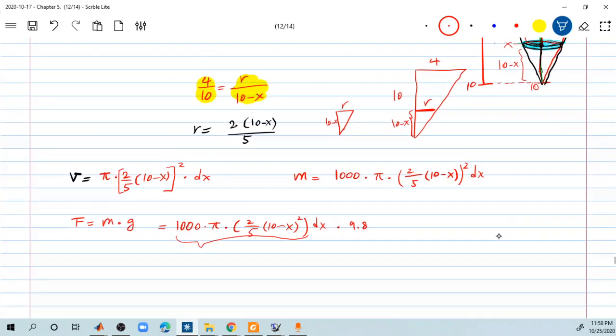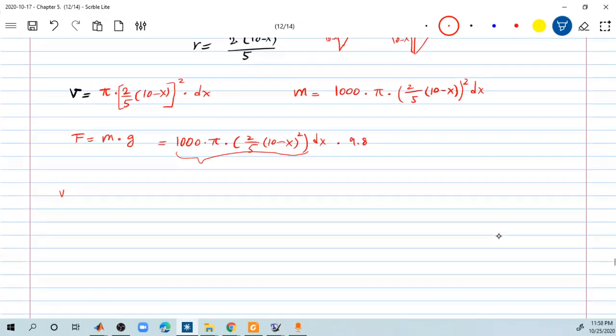So what we need to do now is figure out W, the work, starting from 2 to 10 of the force function. By the way, I can multiply these numbers and simplify. I can multiply 9.8 by 1000, multiply by pi.